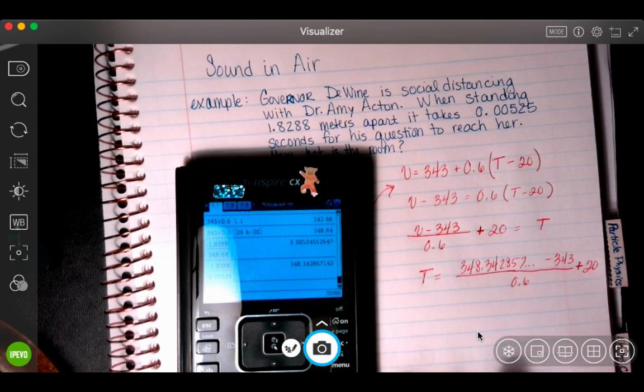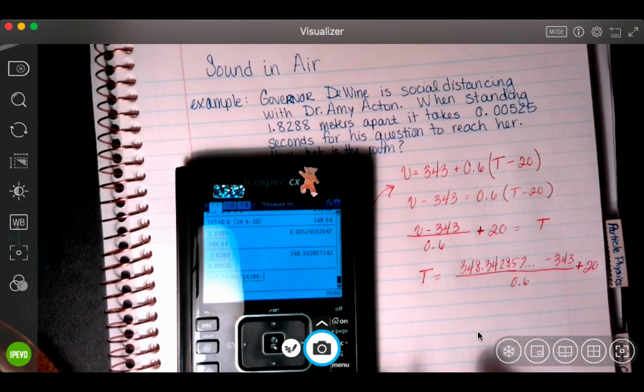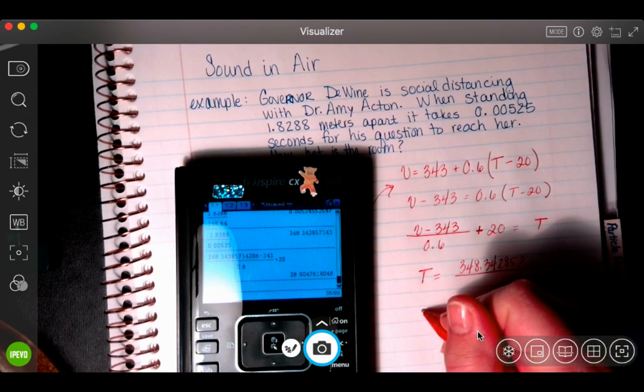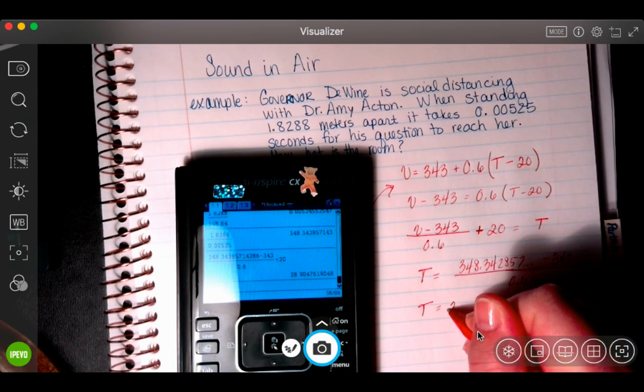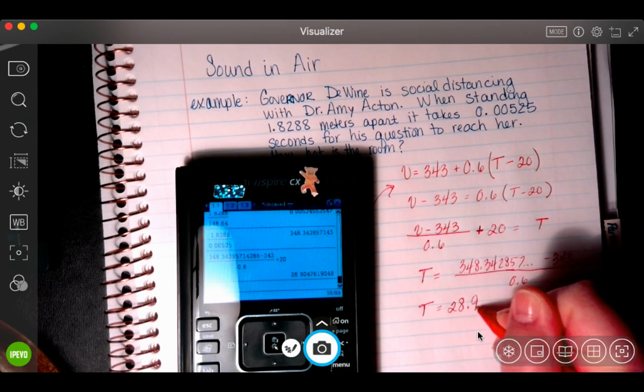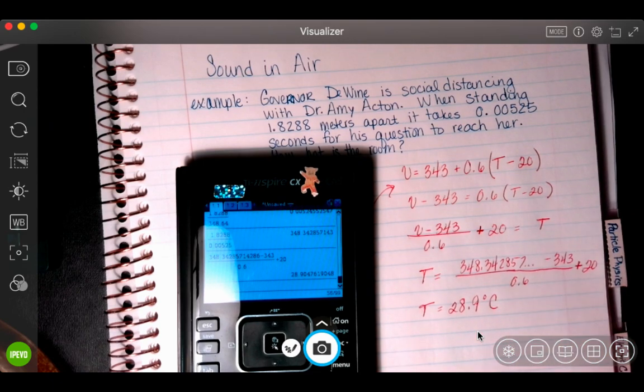I'm just going to make a fraction and take my previous answer, minus 343, divide that whole thing by 0.6, and add 20 to it, which would give me a temperature of 28.9 degrees Celsius, which is a little bit higher than 85 degrees Fahrenheit.